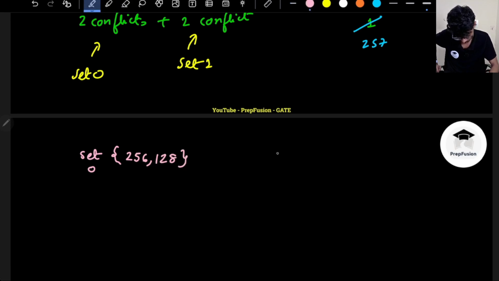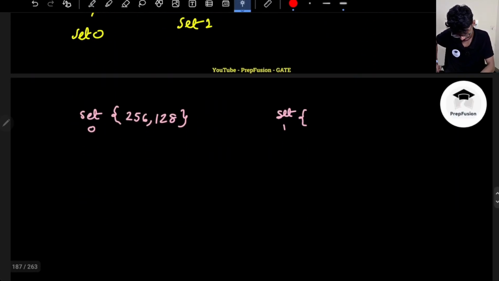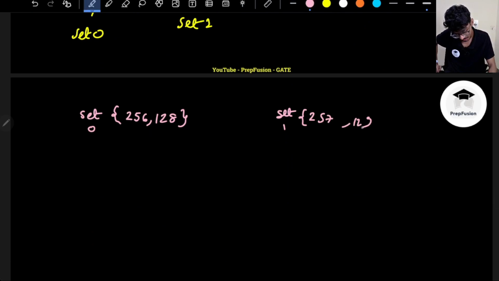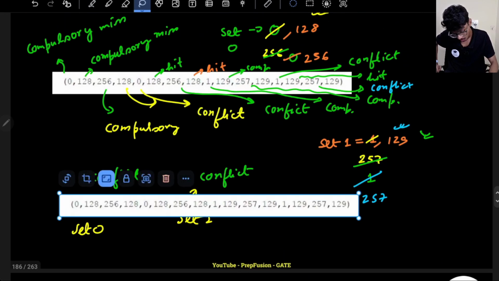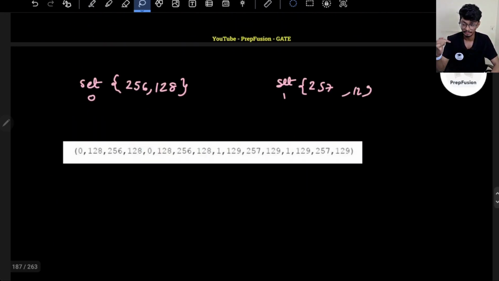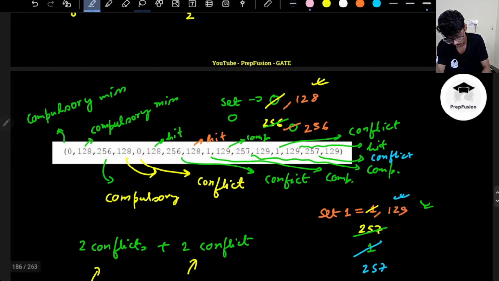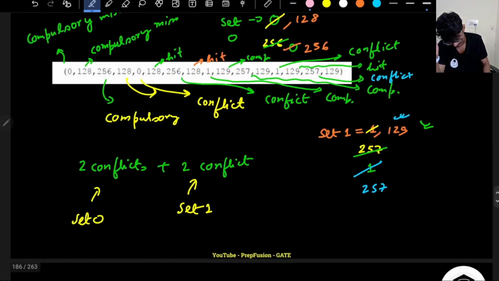And my set 1 currently has 257 and 129. Now again I am repeating this sequence. Now nothing will be a compulsory miss, because these have all been called previously. So I am in the loop with i equal to 1, that is, the second iteration. So this was the first iteration, and because of the first iteration, everything was empty.